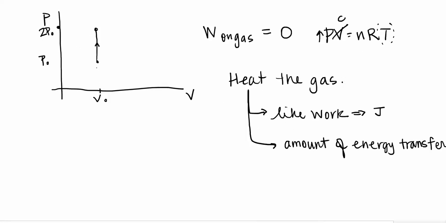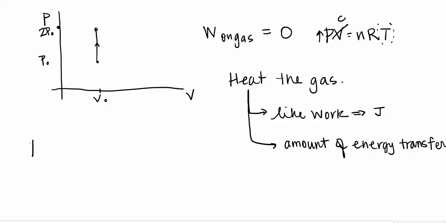Here, same sort of thing. If we're going to increase the pressure but leave the volume the same, so it doesn't get to expand, how in the world are we going to cause the pressure to increase?